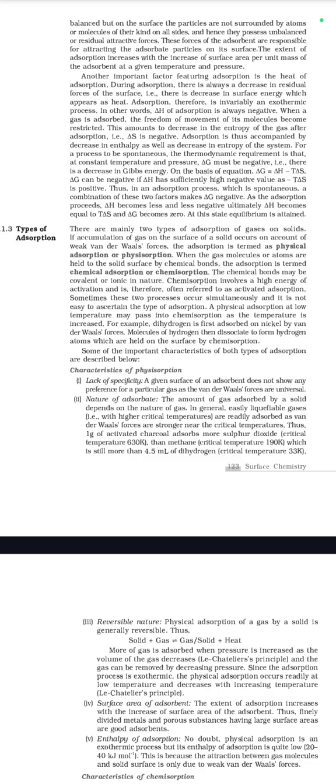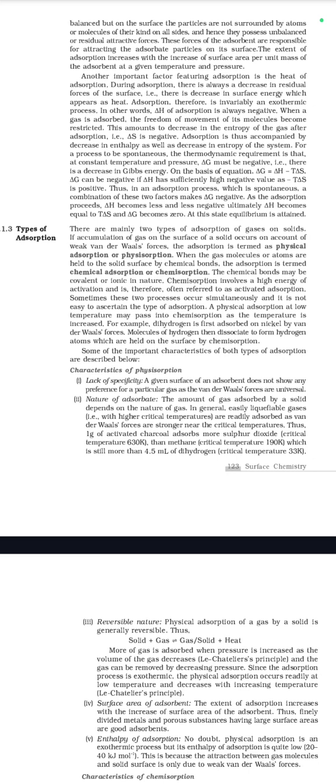When the gas molecules or atoms are held to the solid surface by chemical bonds, the adsorption is termed chemical adsorption or chemisorption. The chemical bond may be covalent or ionic in nature. Chemisorption involves a high energy of activation and is therefore often referred to as activated adsorption.